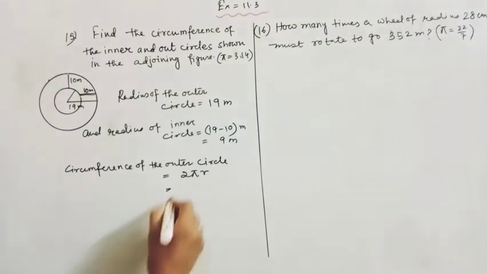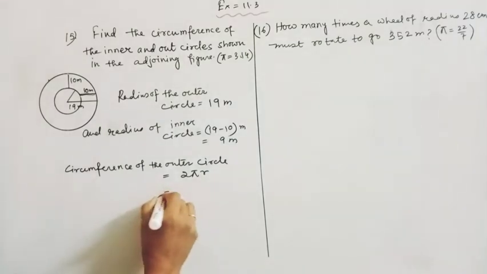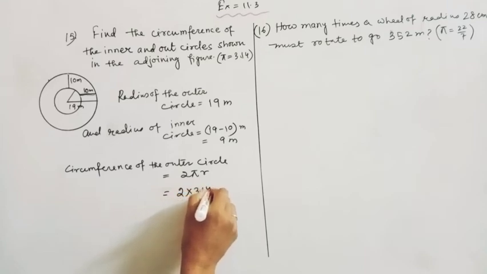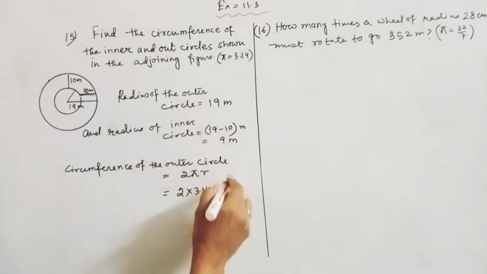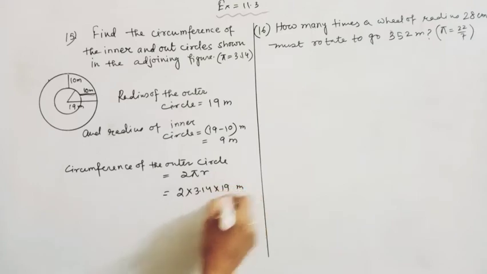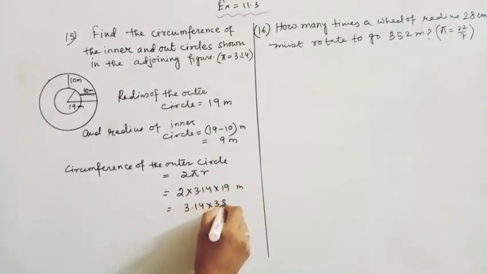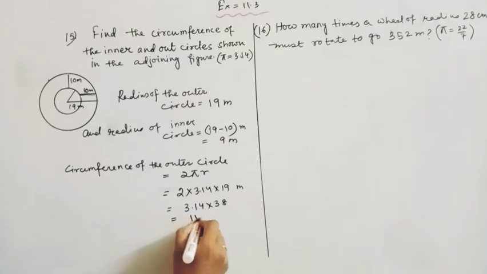In the question it is clearly given, so you have to use this value. 2 into 3.14 into outer circle's radius, 19 meter. If you multiply 3.14 into 38, it will be 119.32 meter.